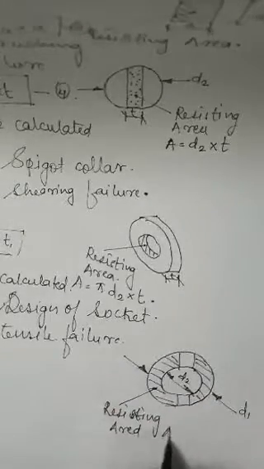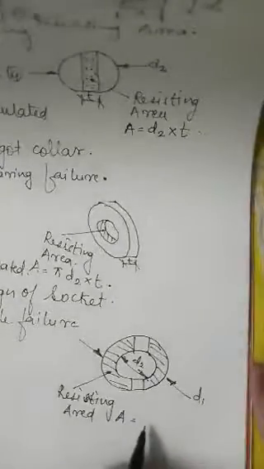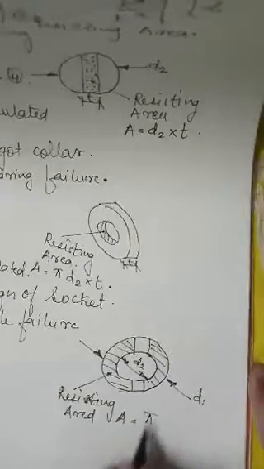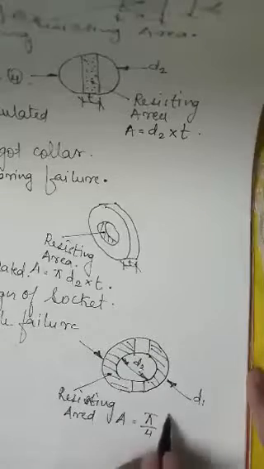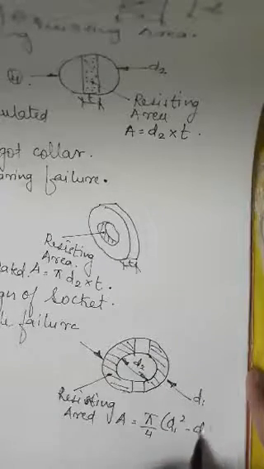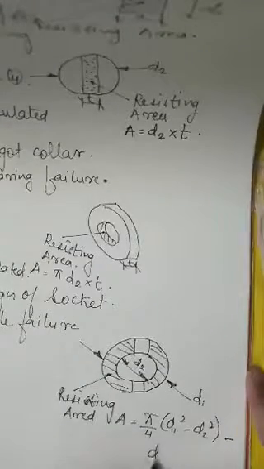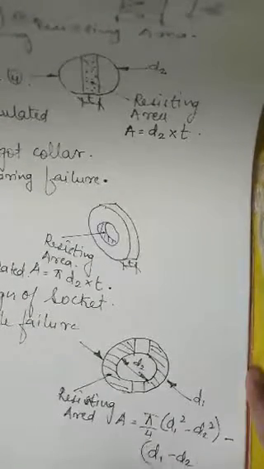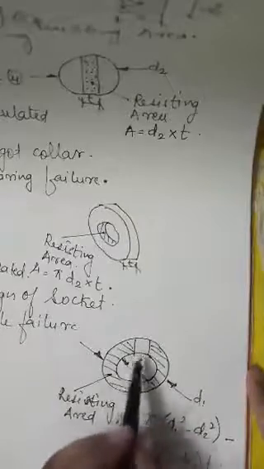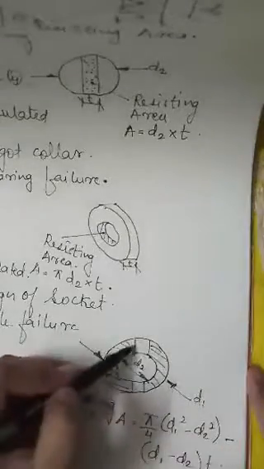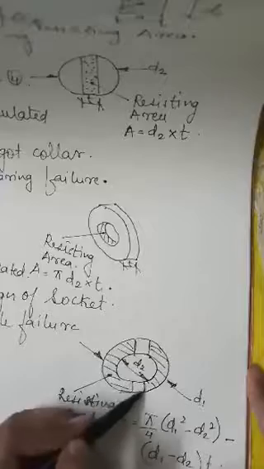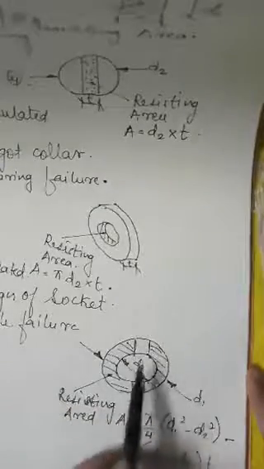For this the area will become pi by 4 into (d1 squared minus d2 squared) minus (d1 minus d2) into T, meaning we will subtract the area of this rectangular portion from the area of the ring.